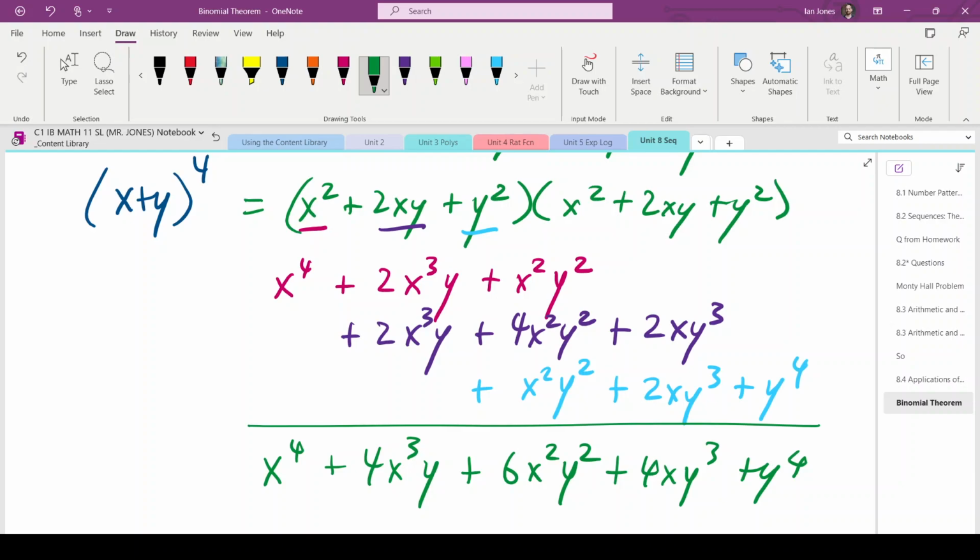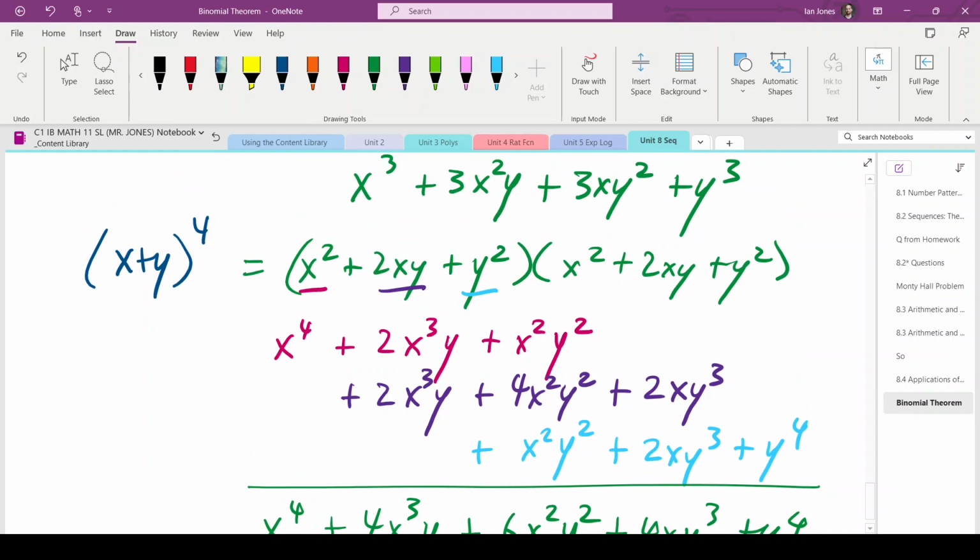If you want, you can pause the video and go through this multiplication. What I did here was, to make this multiplication easier, I wrote right here the answer to x plus y squared, and then again x plus y squared, and multiplied those together. That was less work than if I had done it piece by piece.